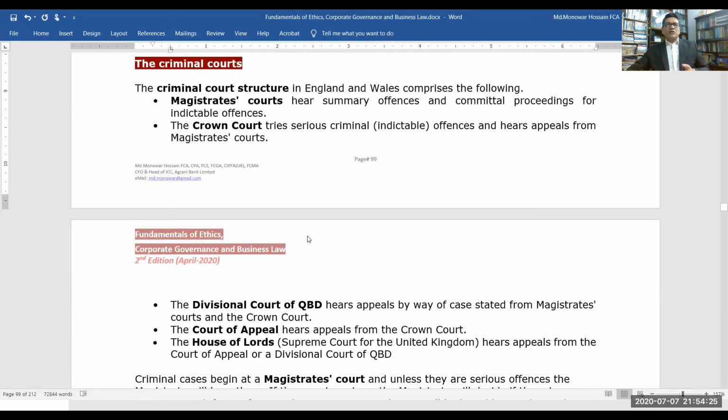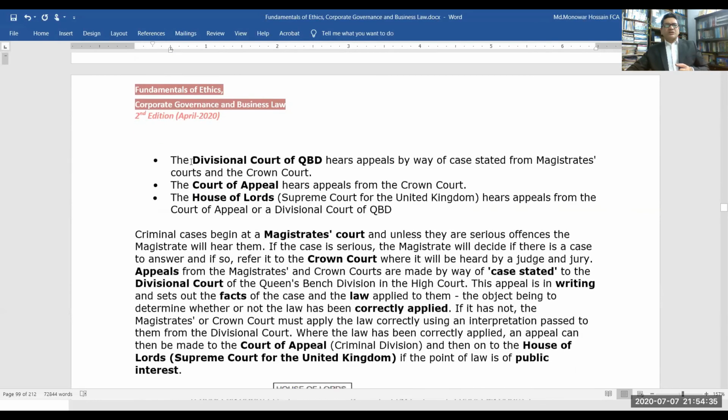So the criminal court structure in England and Wales is the following: Magistrates' Court, Crown Court, Divisional Court of QBD, Court of Appeal, House of Lords, which is the Supreme Court of the United Kingdom.